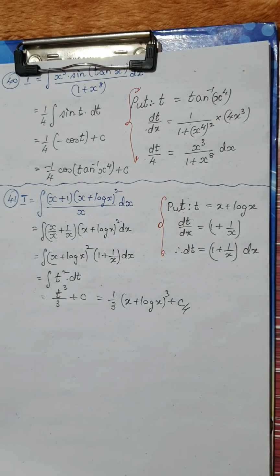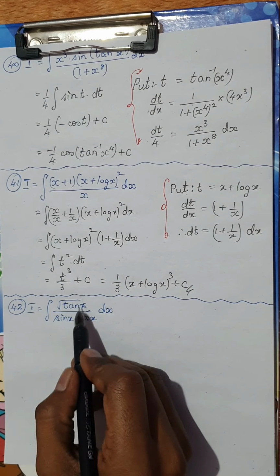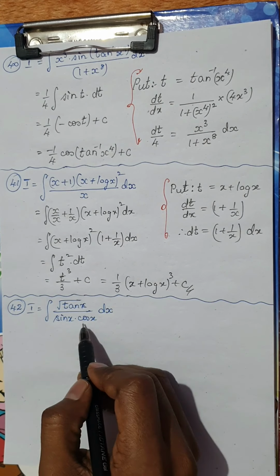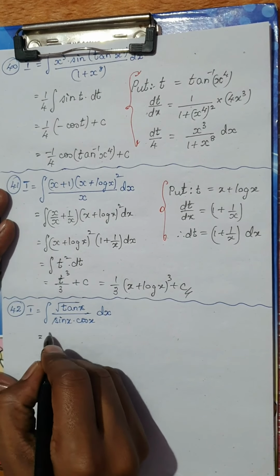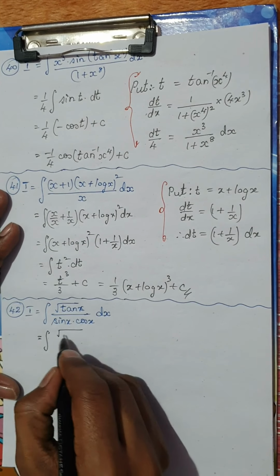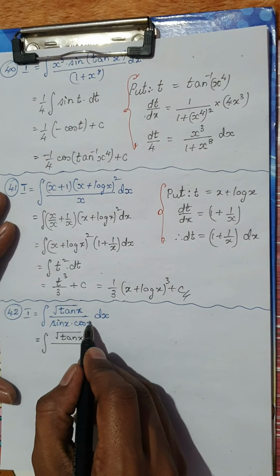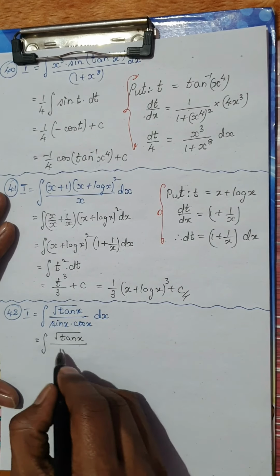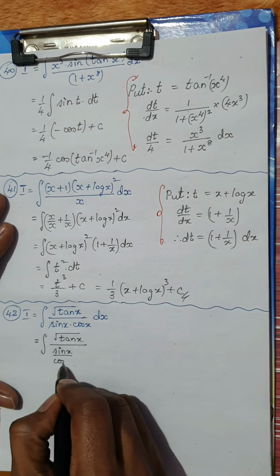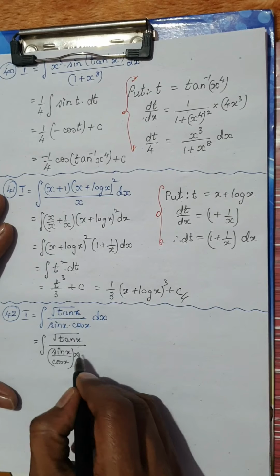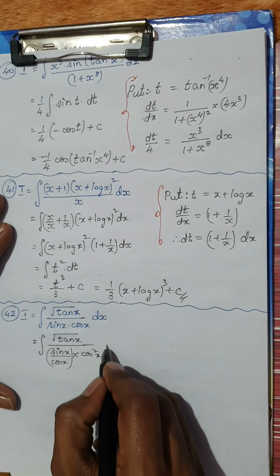So the next integral I have is root of tan x divided by sin x into cos x dx. I am going to make some arrangements for this integral. Please be careful. I am going to keep root of tan x as it is. I am going to multiply and divide the denominator by cos x. So here I will get sin x by cos x, and now I will multiply, so I will get cos square x dx.